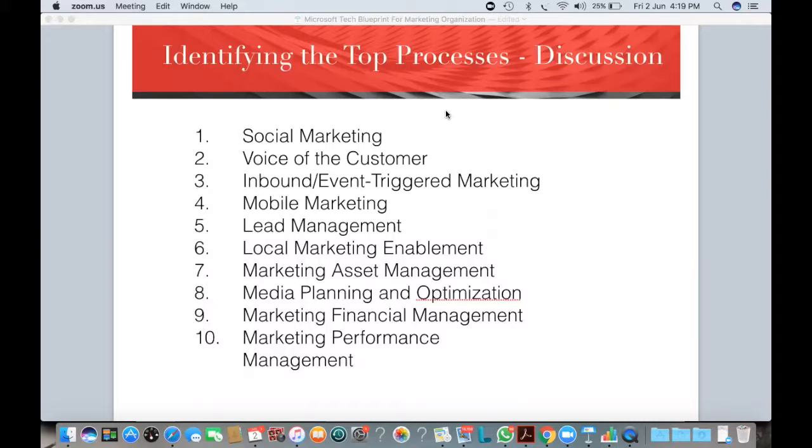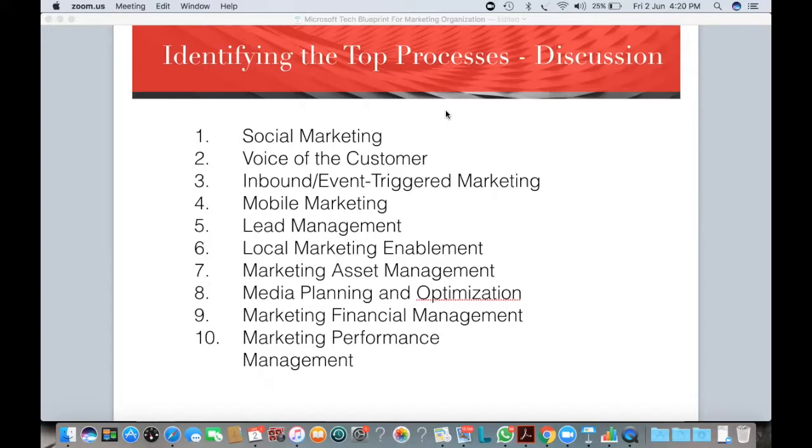Many companies, for example, may prioritize lead management over everything else today, or someone else may say that, look, I'm really far behind on mobile marketing, so let me see what I can do to fix that. And somebody else may say that marketing financial management is all over the place, so let me look at that. So the 10 are not in order of ranking, it is just a listing.